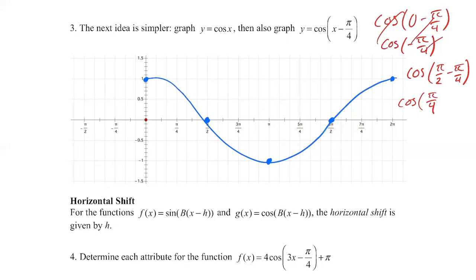So what that is saying is that for my new expression, when we are at pi over 2, we have the same behavior as when we were at pi over 4. So if I was up here at pi over 4, that point now looks like that.